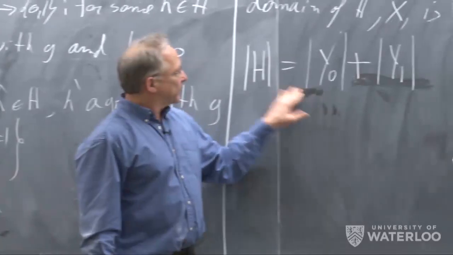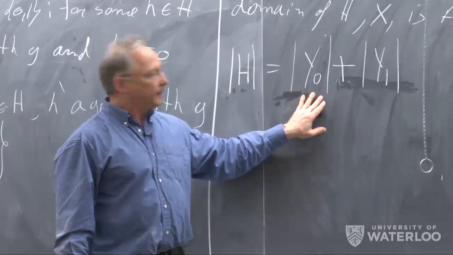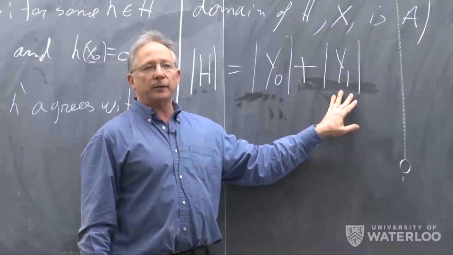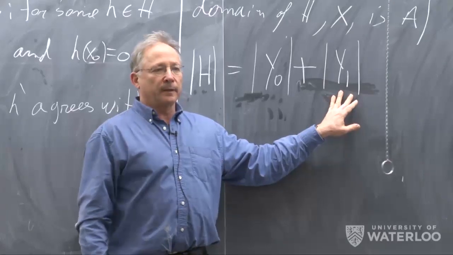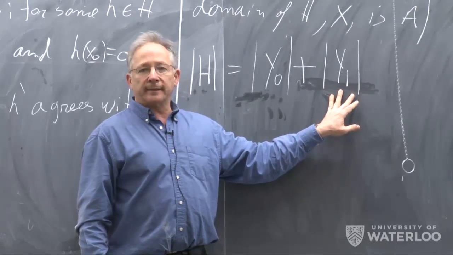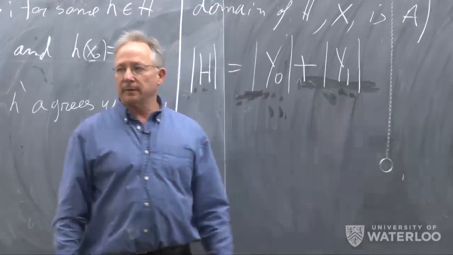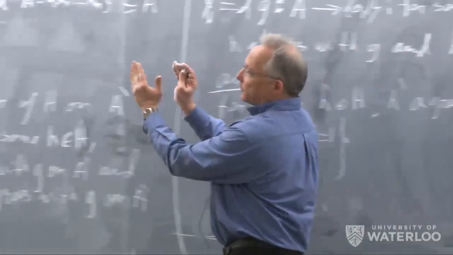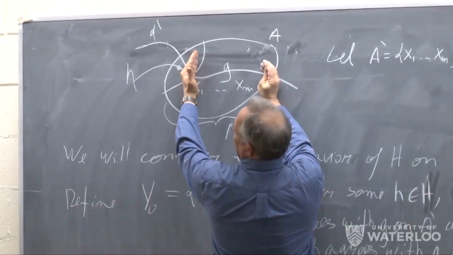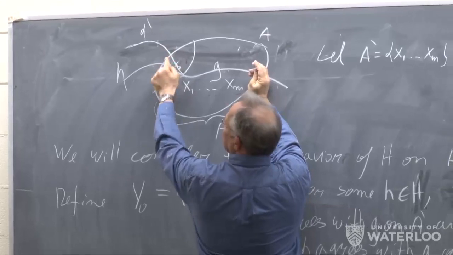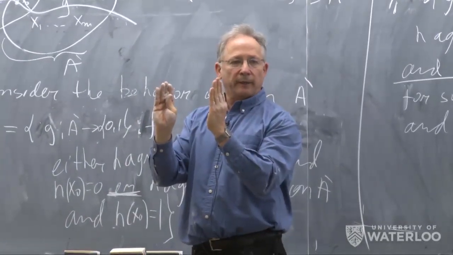So that's the main observation, that the size of H is the size of all the behaviors that I get on A prime, plus the size of all the behaviors on A prime that can be extended two ways to the new point X0. If I only restrict my attention here and count how many behaviors I have, I will miss those that have two extensions, because they will look like one to me, because I'm only looking at A prime.